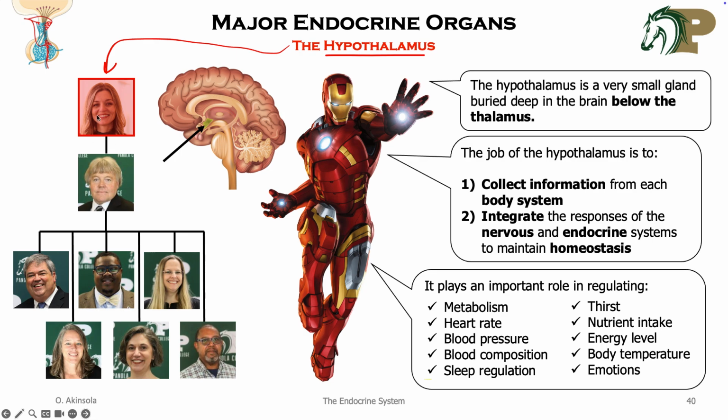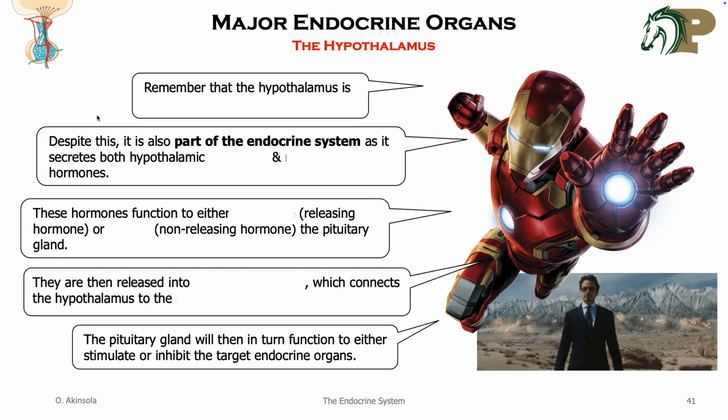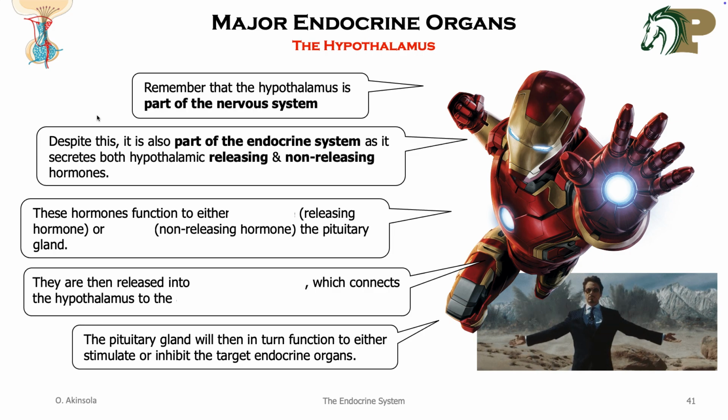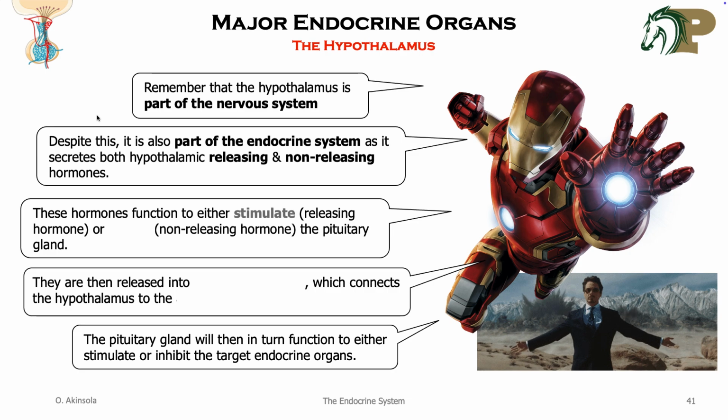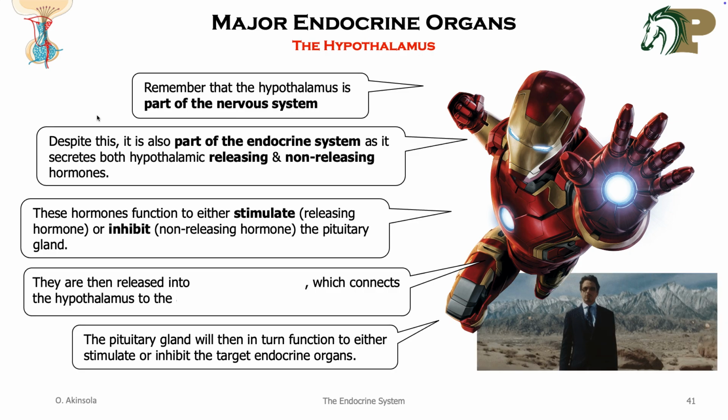All of the activities that take place really begin with her and then trickle down. In the same way, activity in the endocrine system will begin with the hypothalamus and then trickle down.